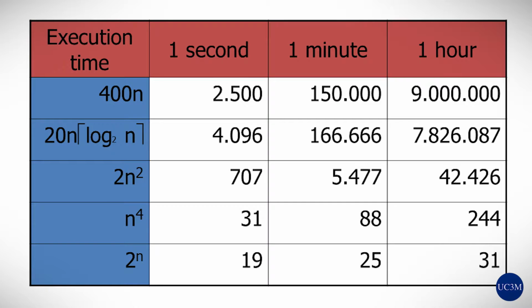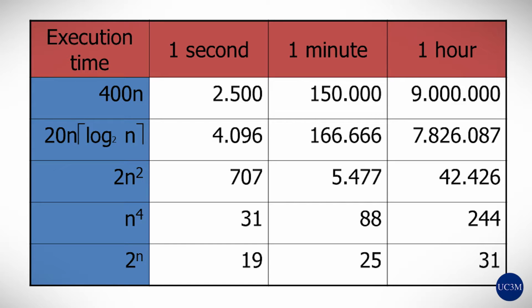Now let's go back to operations and seconds just to see the different growth rates. Let's just look at the first and the last line for a minute. If we have a processor that can execute 1 million instructions per second, and we have 400n, n will be 2500.